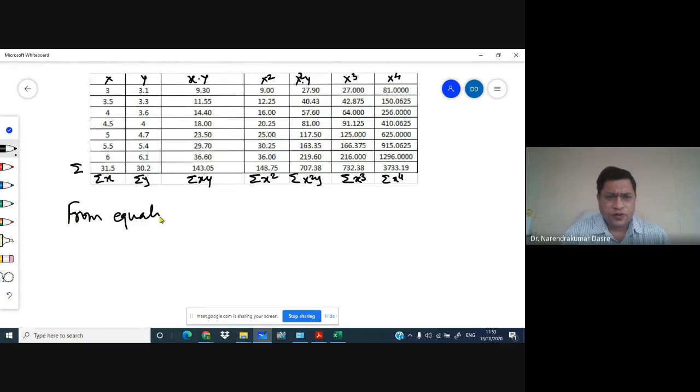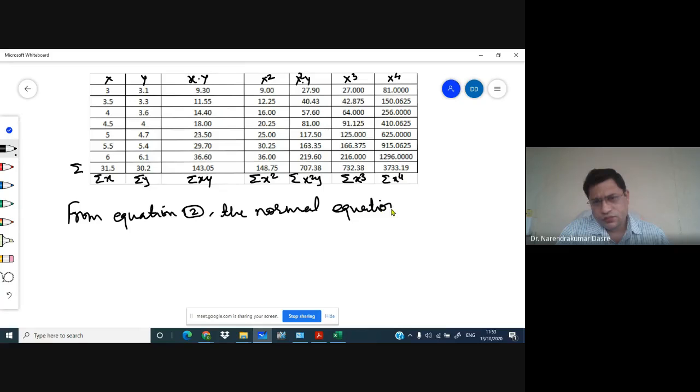From equation 2, the normal equations are given as follows. So what will be the normal equation?